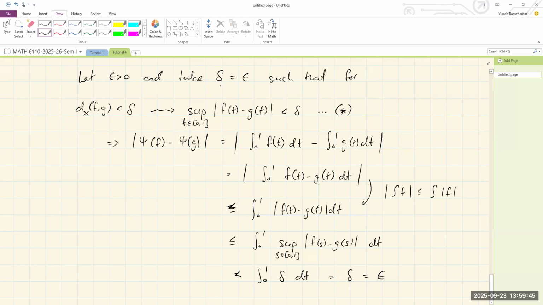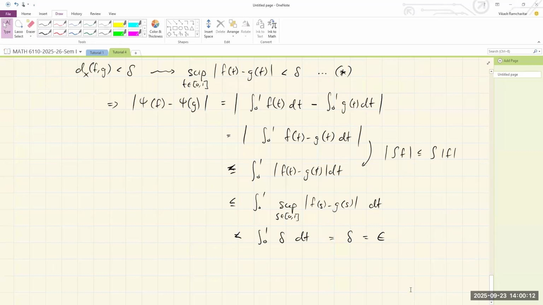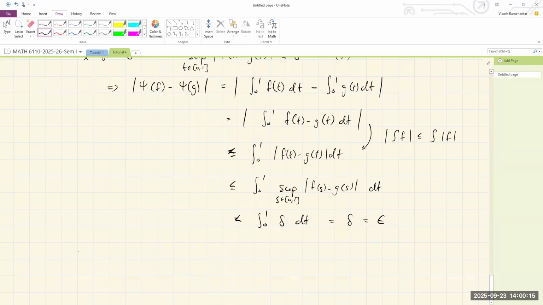I set it equal to the epsilon you gave me, such that when the distance between these 2 points, f and g, and by distance I mean the supremum metric, is less than this delta, the distance in terms of the modulus between the images of these points with respect to psi is less than epsilon. In other words, therefore psi is continuous.